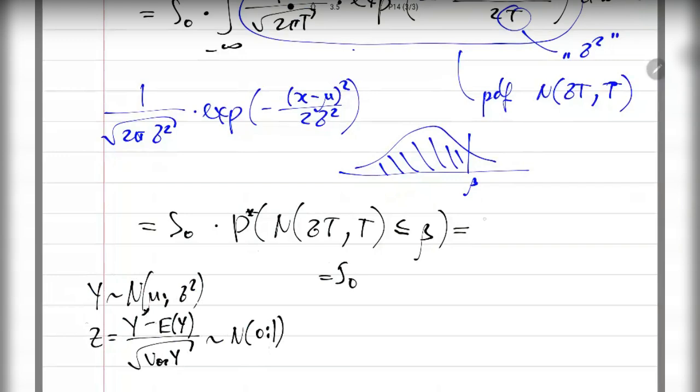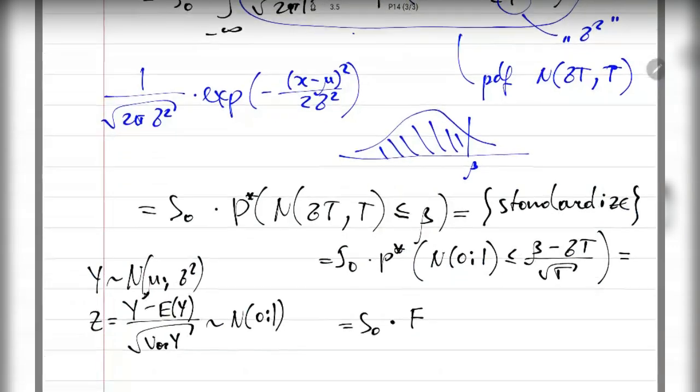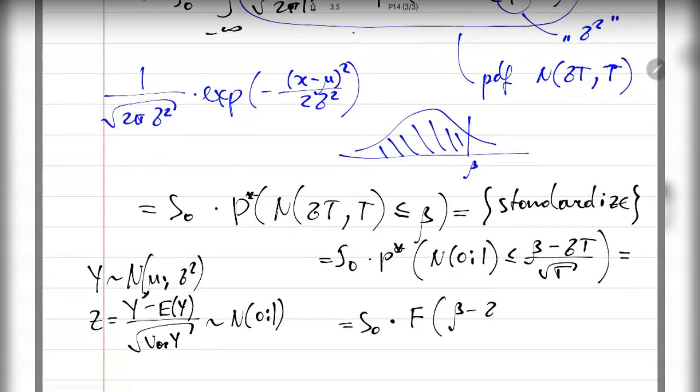I standardize my random variable, and I obtain the probability that a standard normal is less than beta minus sigma t, divided by square root of t. And that is S0 times the cumulative distribution function at this point.